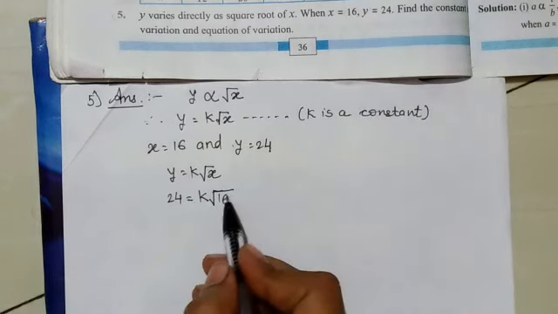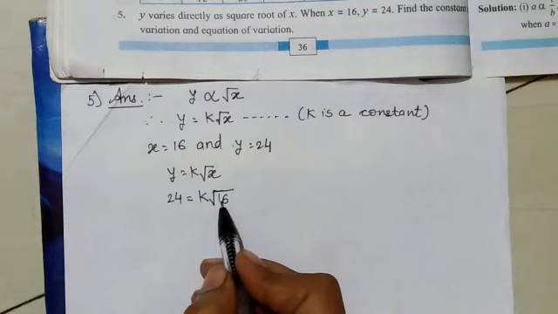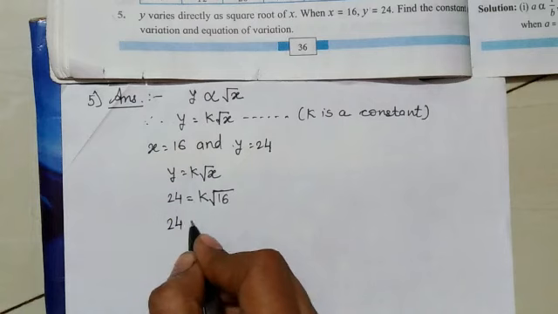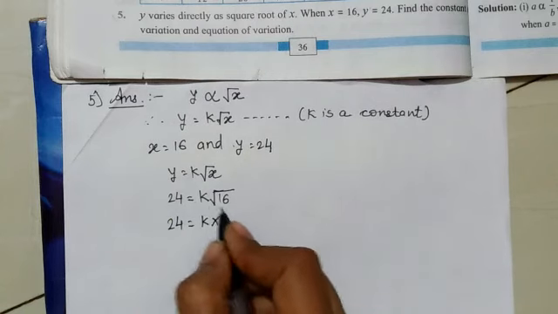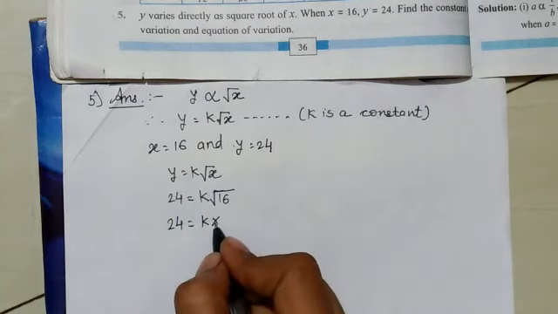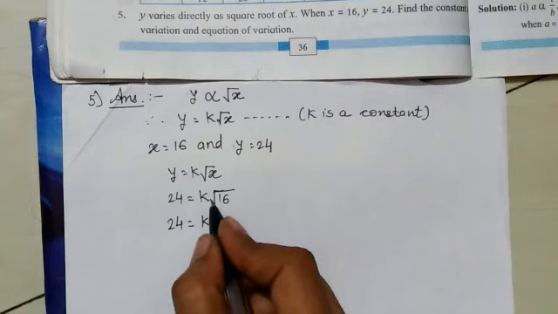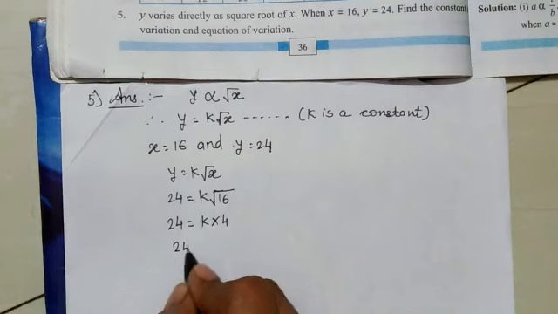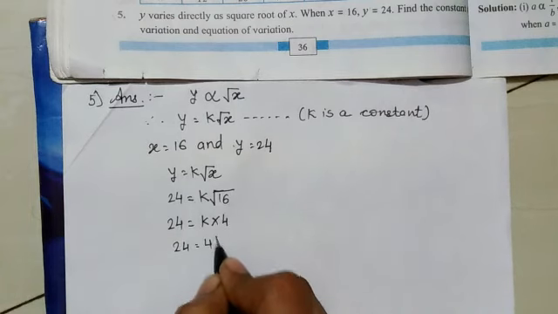Now students, what is the square root of 16? Yes, it's 4. So 24 is equal to k into, the symbol between k and square root is multiplication, the square root of 16, which is 4. So 24 is equal to 4k.